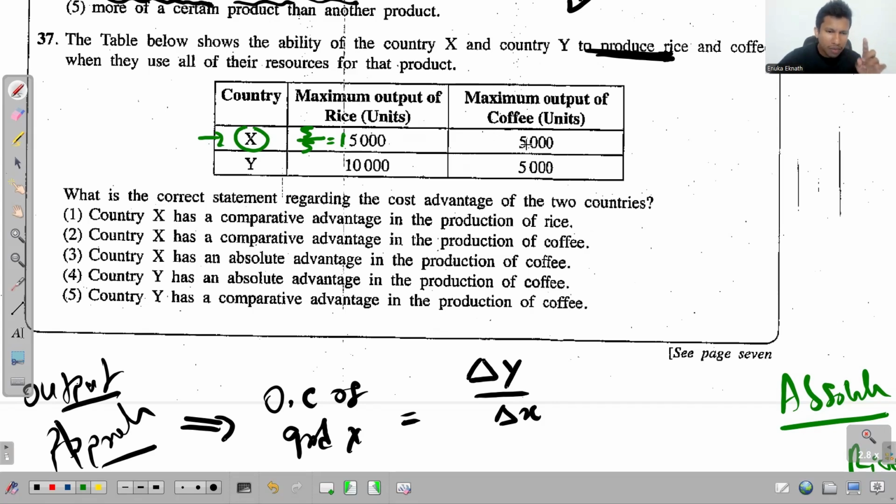When it comes to coffee production again in country X, you take the change in rice over the change in coffee. So once again the opportunity cost is 1.